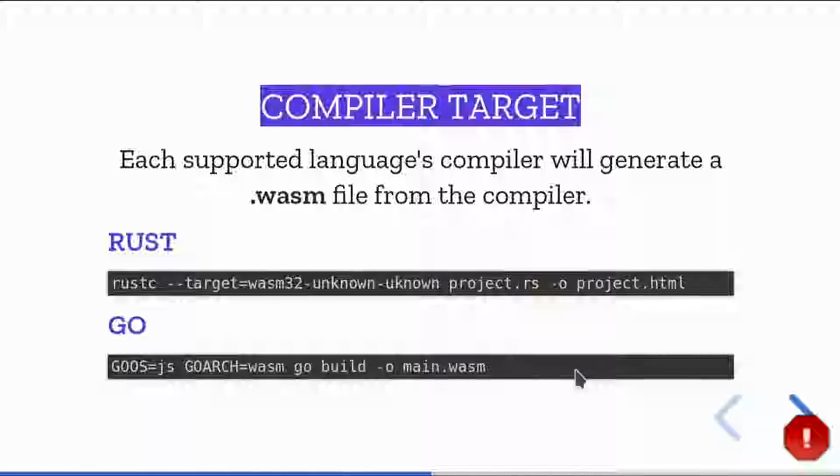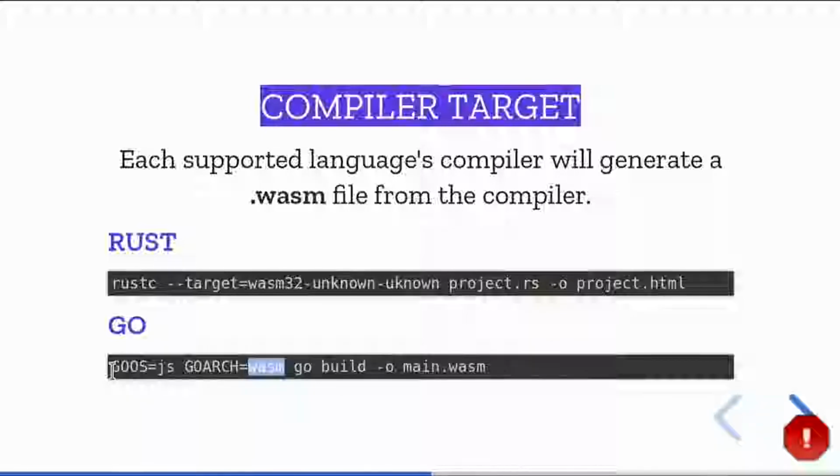Currently, the only 2 languages that support this are Rust and Go. With both languages, you can write your code and take it to the web by just adding these flags. In Rust, you just set the target as wasm32. And in Go, you just add these 2 global variables before compiling. After you do that, it will generate the WebAssembly file.